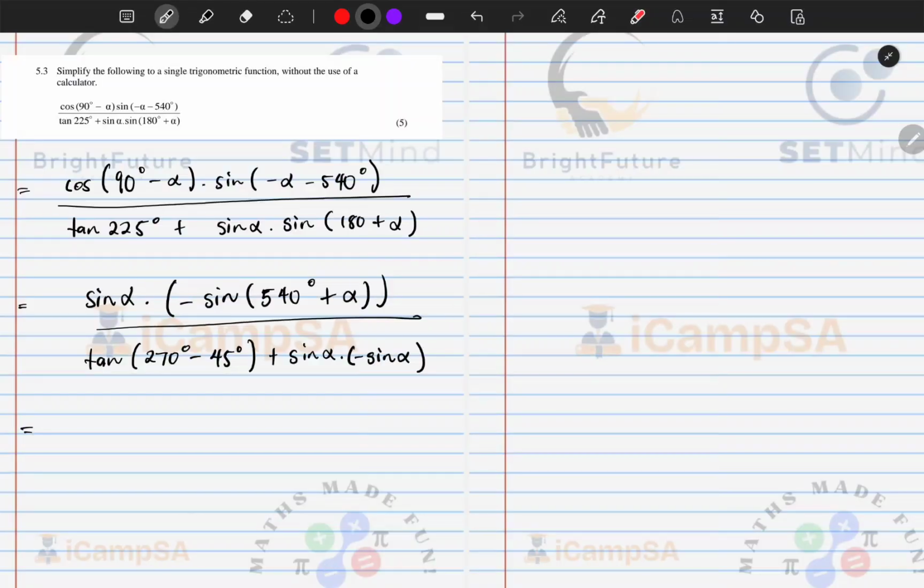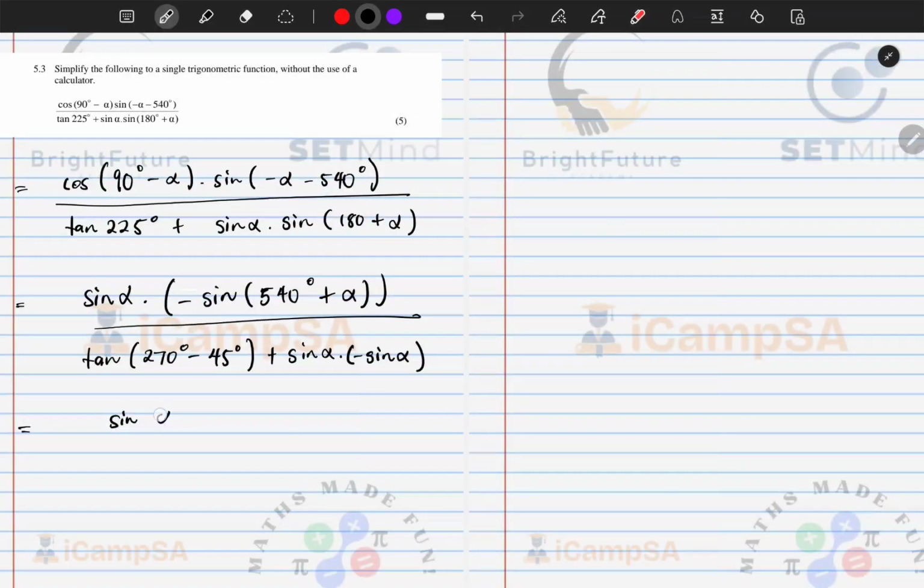Great. So now I can go ahead and try to simplify this. I am going to have your sine alpha. This is the same thing as having a 360 plus or 360 minus. Sine of negative angle is going to be negative, and it will make this positive, so I will still have positive sine alpha.